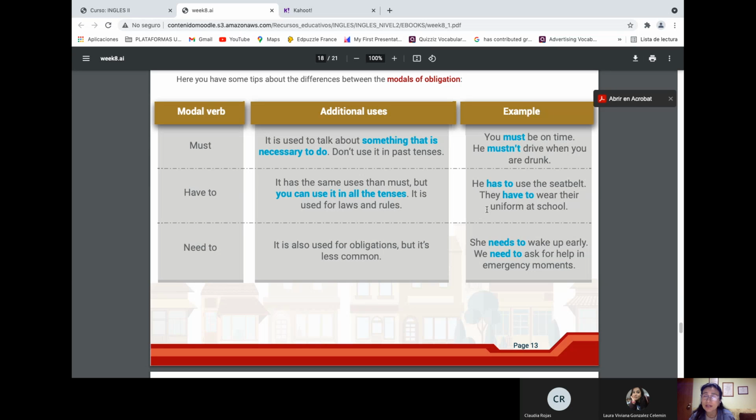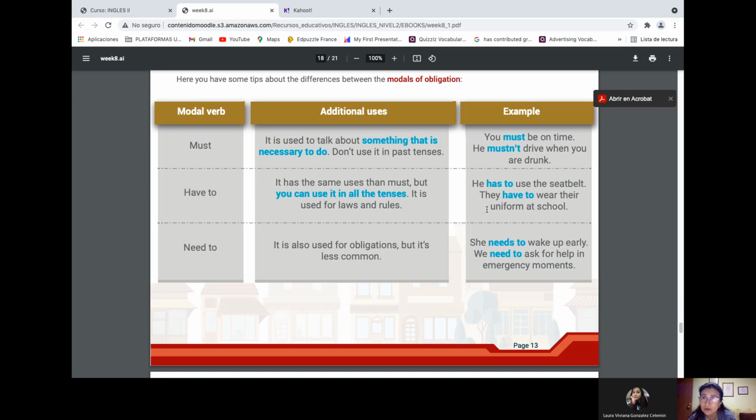If you are going to drive a car, if you are going to travel by plane, you should, no? You have to, it's not should. You have to use the seat belt. The seat belt es el cinturón de seguridad. So it's mandatory. It's part of the rule, es parte de la regla that you have to wear, or he or she has to use the seat belt.